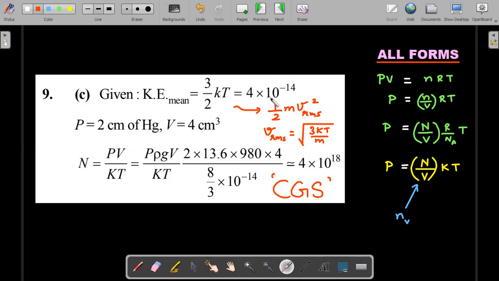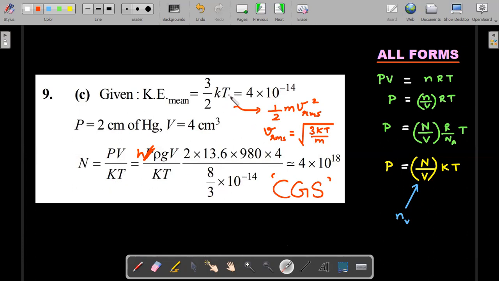This was in erg, and 2 centimeters of Hg, volume of 4 centimeter cube. So PV by KT, and P can be written as rho g h. H is the 2 centimeters. So this should be h actually; it wrote P here. So rho g h, h was given as 2 centimeters, rho is taken, g is taken, and then 4 cc and the K value and T value, KT.